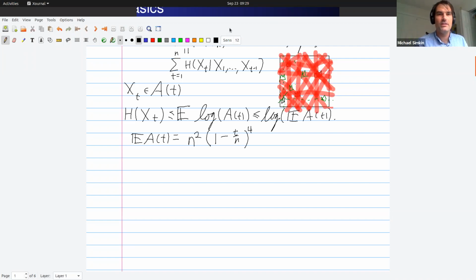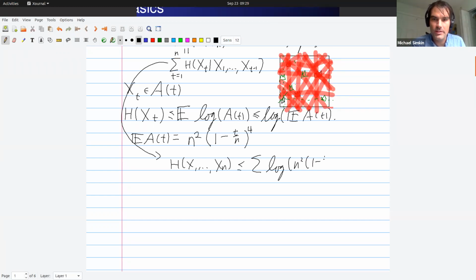All right, so now I take this and plug it into this sum. H of this is less than or equal to the sum of log of n squared times (1 minus t over n) to the fourth.